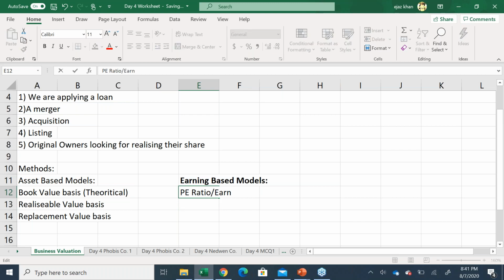Both of these methods are the same. Another one is the dividend valuation or dividend growth model.